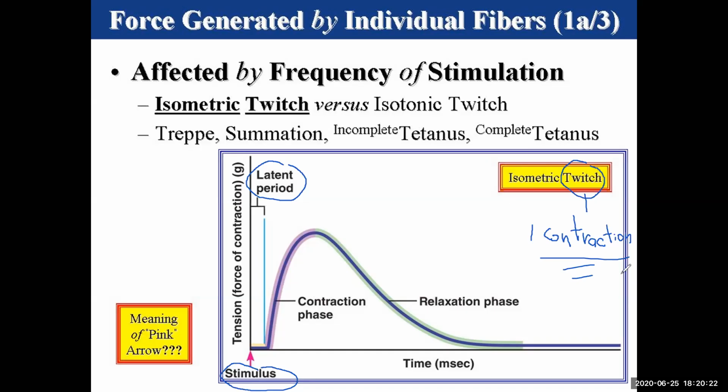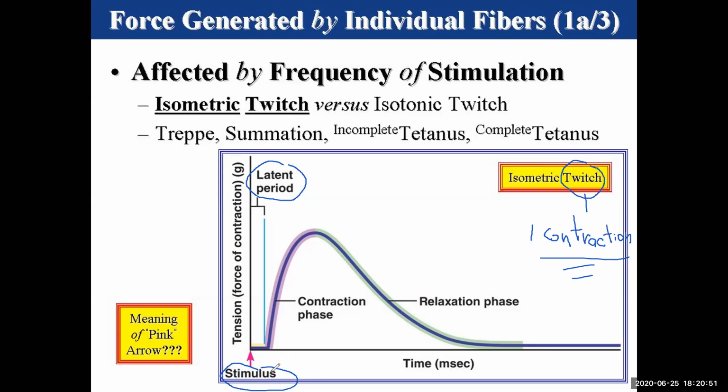And this is confusing for students. They say one contraction, okay, I get it, it's one cross bridge formation. No, we are talking about thousands and thousands of cross bridge formations within that one single skeletal muscle fiber. So this is what you're seeing at the cellular level, the entire cell, not at the molecular level, okay?